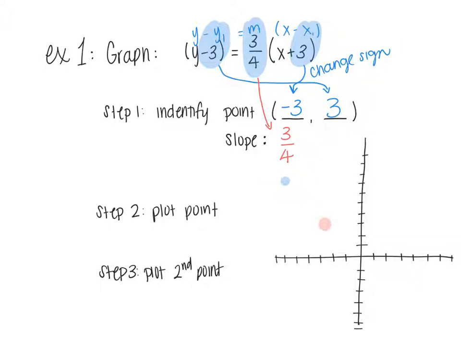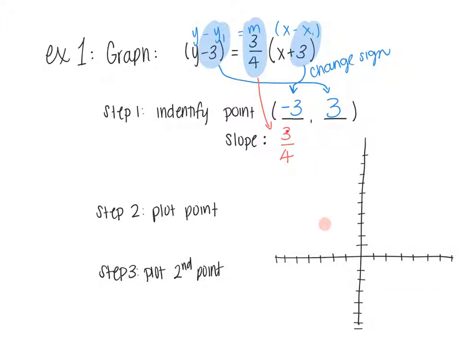Then from there, the next step is to go and count the slope off of that point that you just found. So similar to slope-intercept form, now I'm going to count 3 over 4.